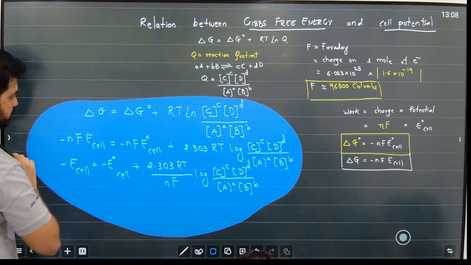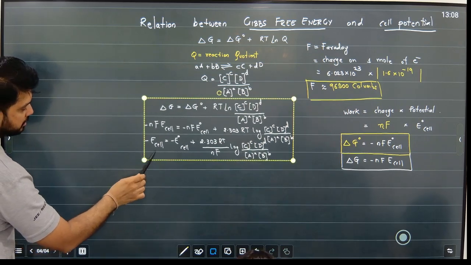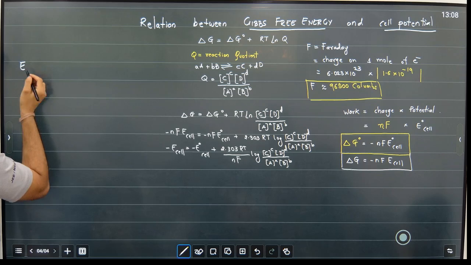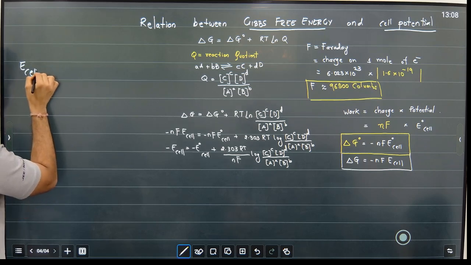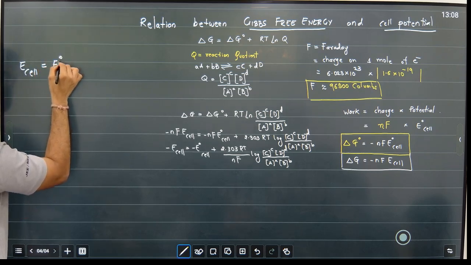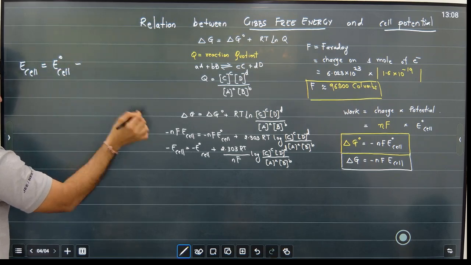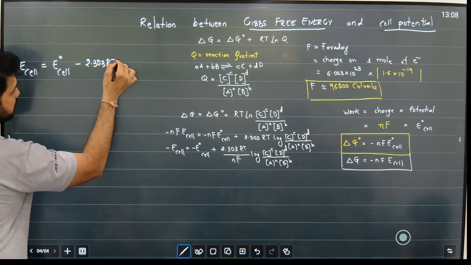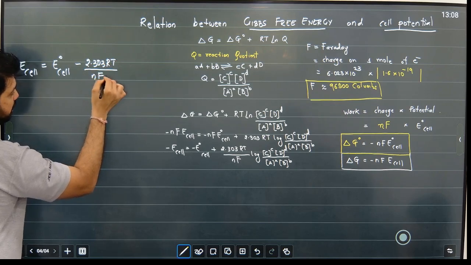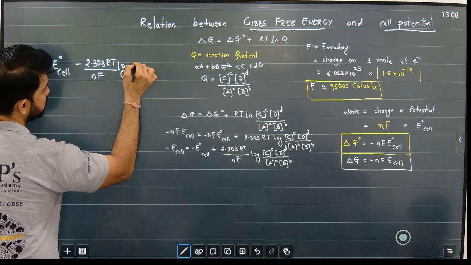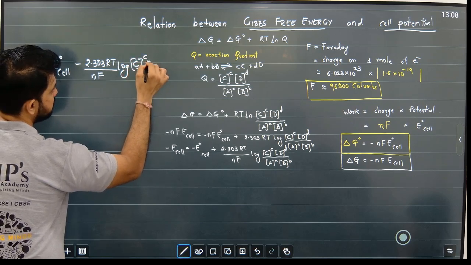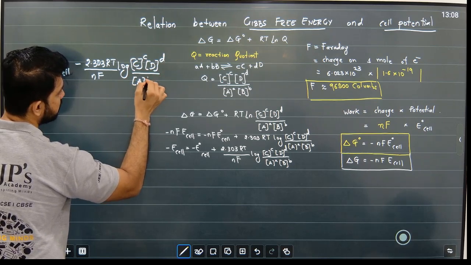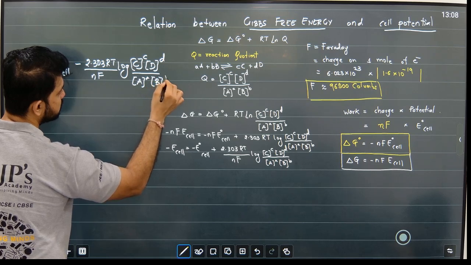So what does the equation become finally? E cell is equal to E naught cell minus 2.303 RT over nF log of C raised to c into D raised to d upon A raised to a into B raised to b.